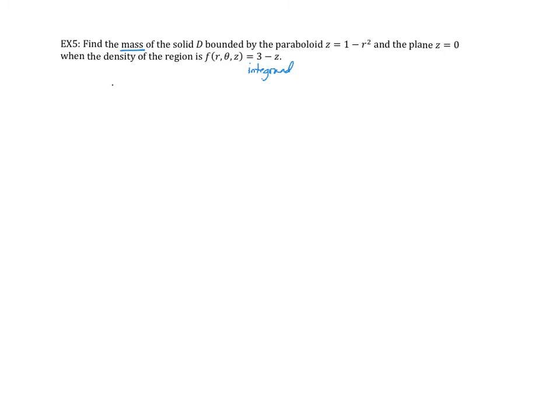I'm going to sketch my region. So the region D is bounded by this paraboloid, which is z equal to 1 minus r squared, and the plane z equal to 0. Well, the plane z equal to 0 is simply the xy plane.